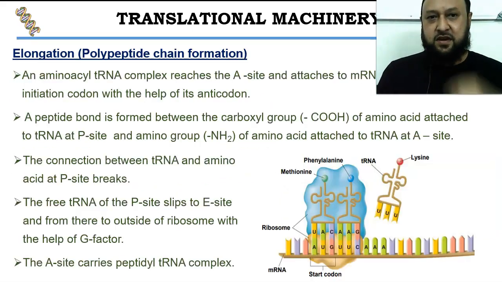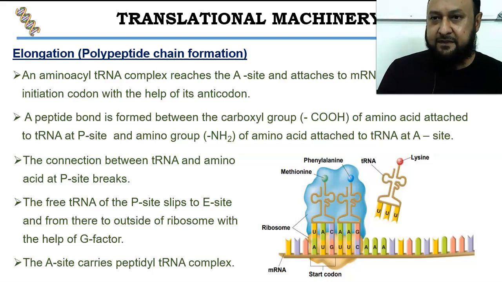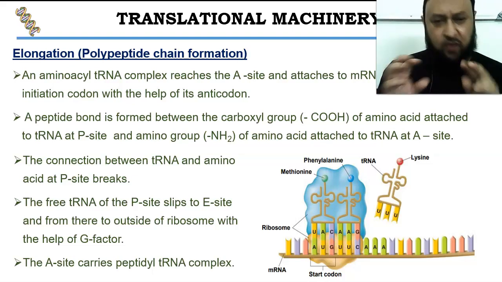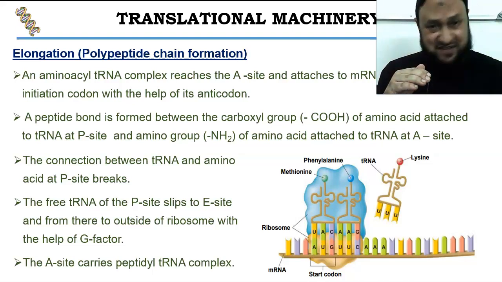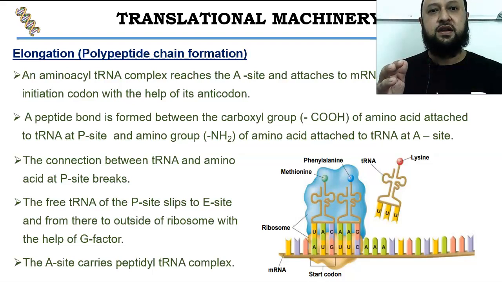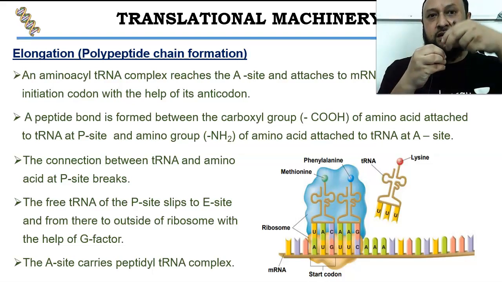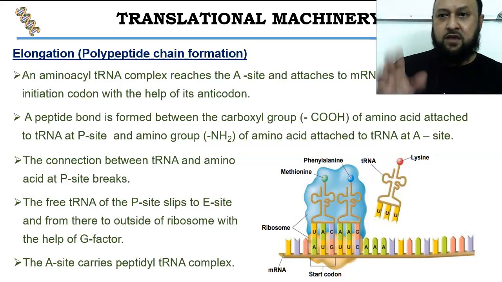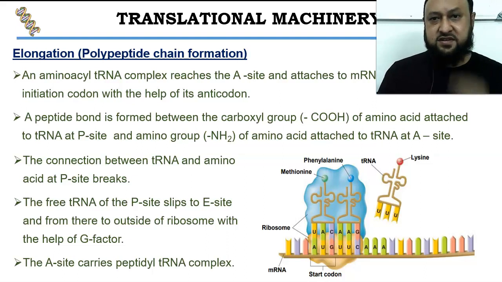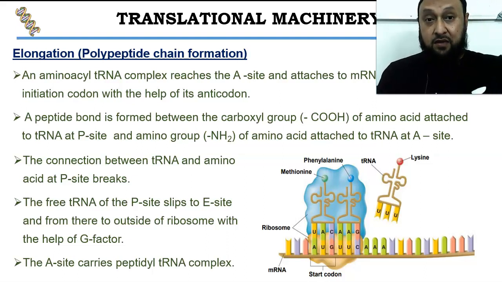Now, elongation is the next step. This is very simple. Once the process of initiation has started, another amino acid keeps on coming and joining with the help of a peptide bond. An amino acid-tRNA complex reaches the A site. As I told you, the A site is always open for bringing in the charged amino acid.